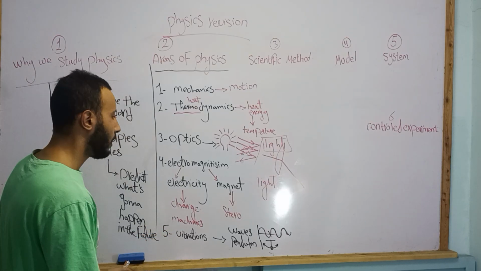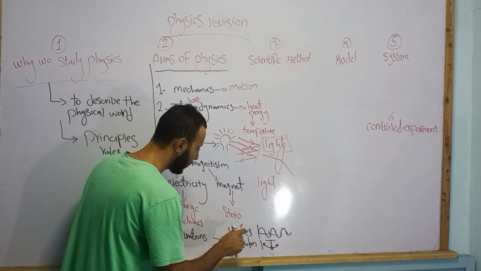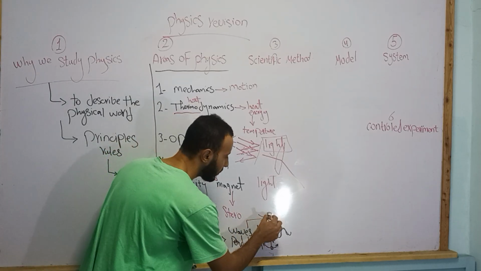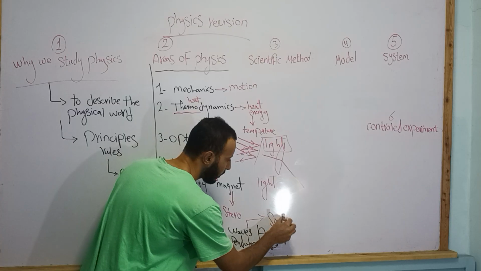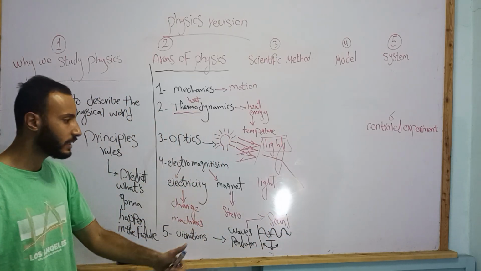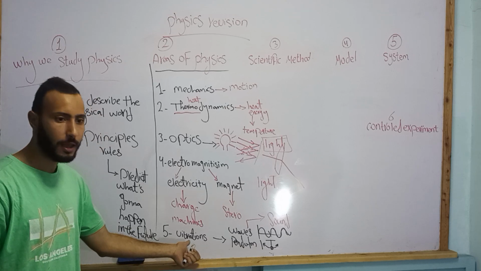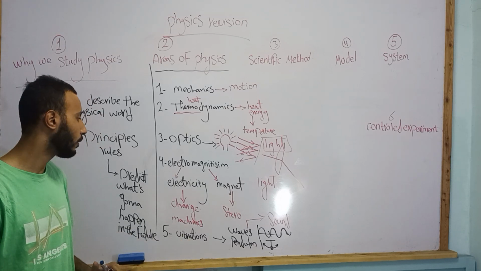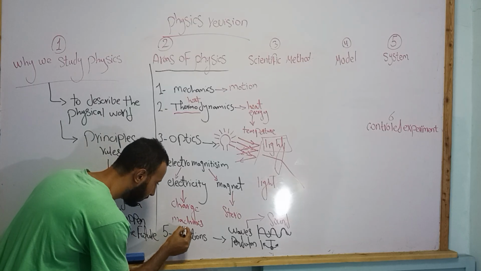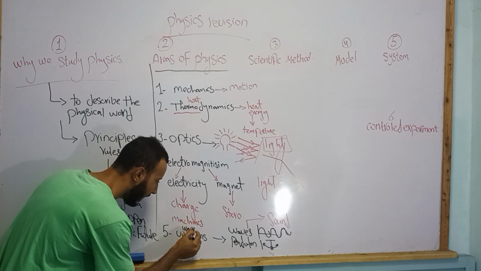And a very common example for this one, because we have waves here, is sound. Because of that, whenever you find any source of sound, you will say it's associated to vibrations. And it's called wave and vibrations.